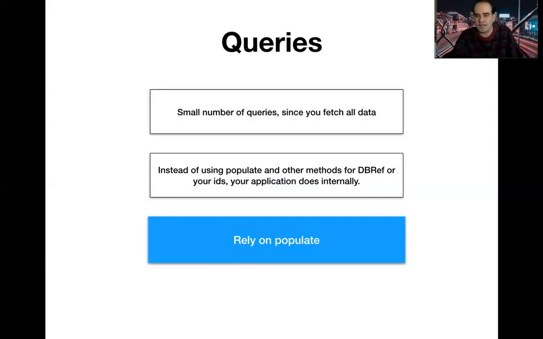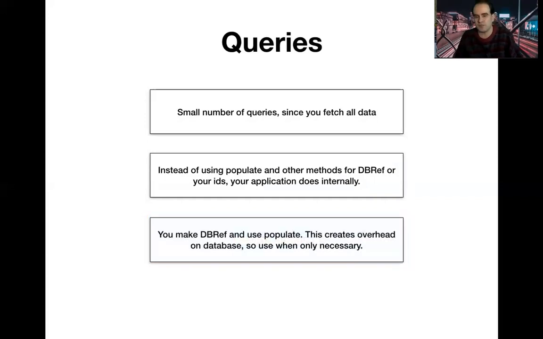And then the last option is rely on populate. So you define your dbrefs. When you're writing, it's very simple. You just write the object ID, the ID for the subdocuments. And then all the work is on query time. So when you are fetching all those documents and you need to get the subdocuments, you can tell the libraries, okay, I need this field, only the ID, or I need this field and populate.